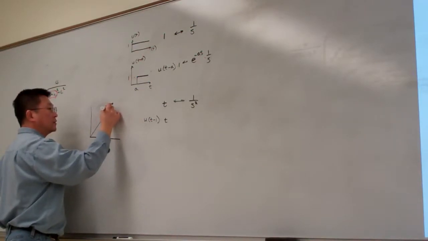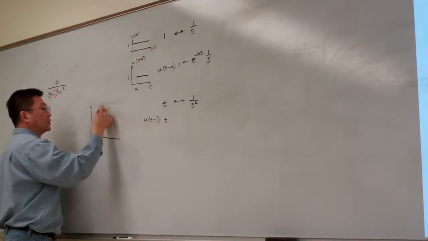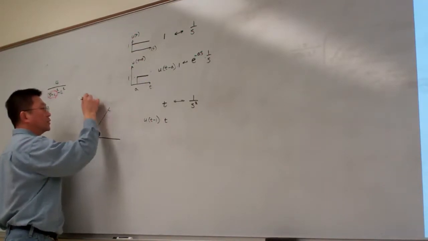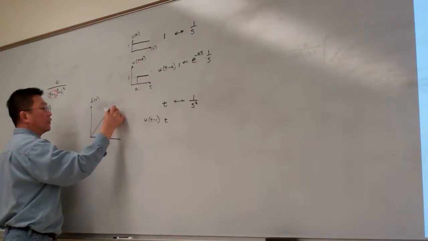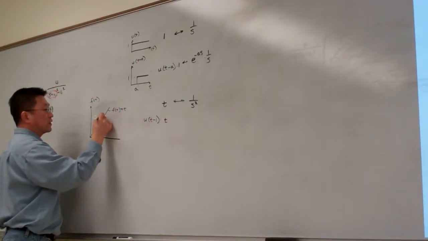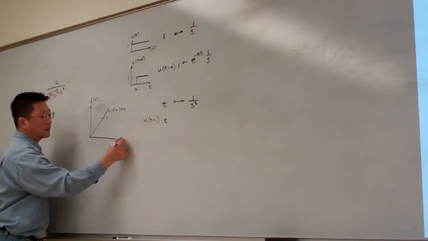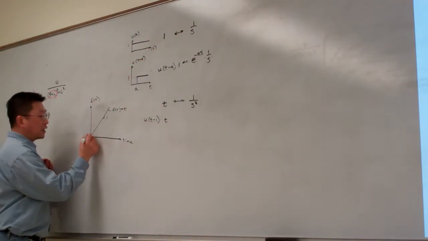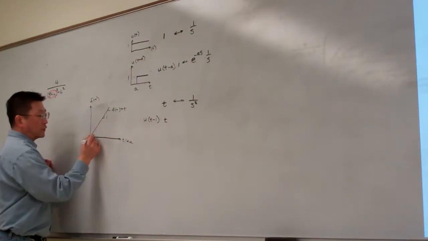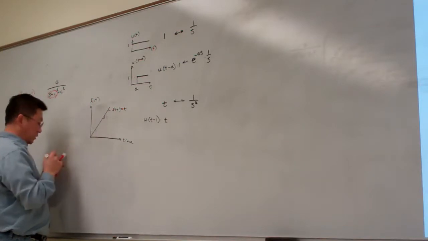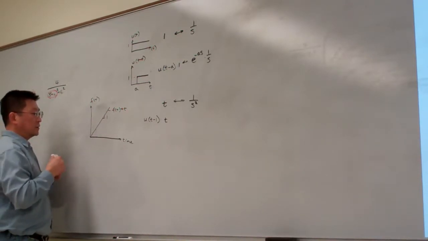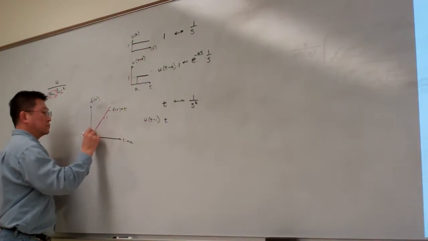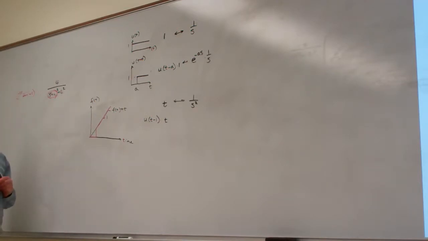This is t, let me say f of t, so f of t equal to t. That is this function, the slope equal to 1, this is time. This function is multiplied with the unit step function. So that means eventually it is this.